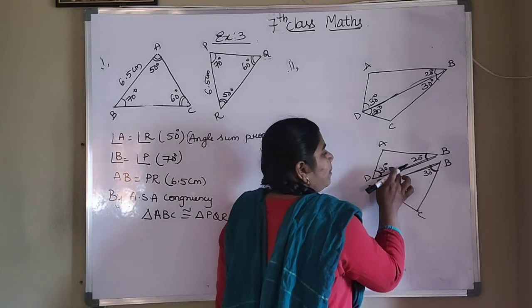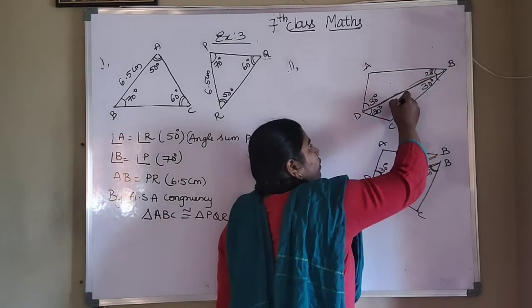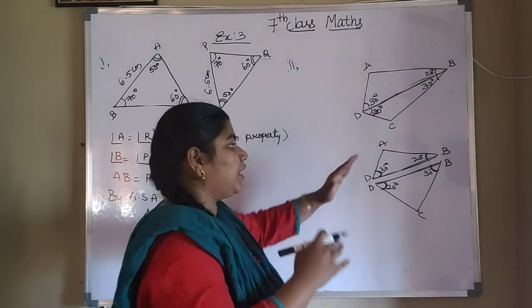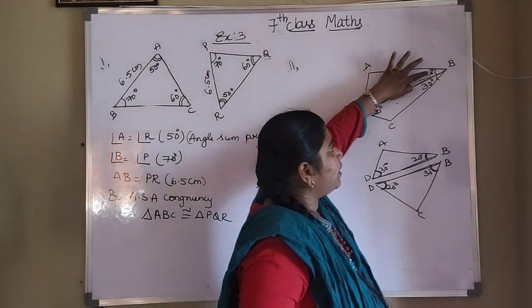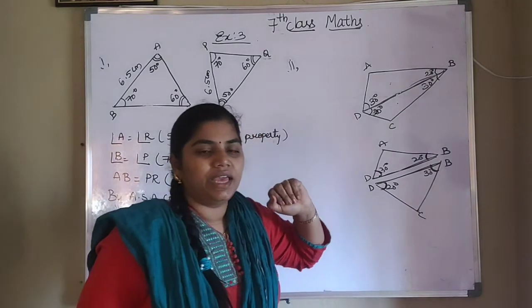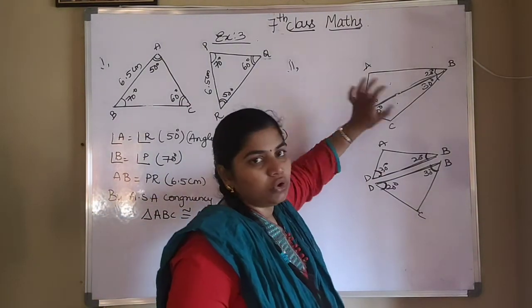It is a common base. So by using ASA, angle, side, angle, you can tell these two triangles are congruent to each other.